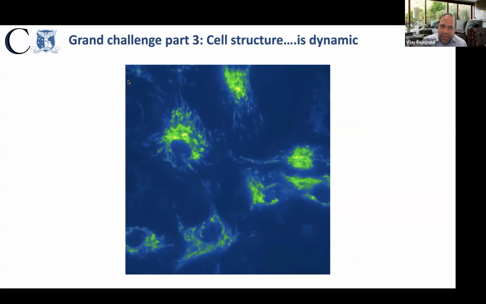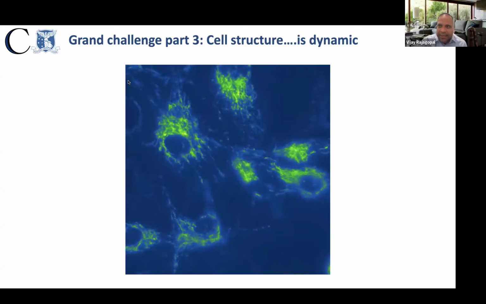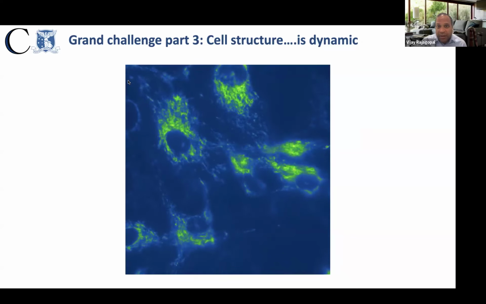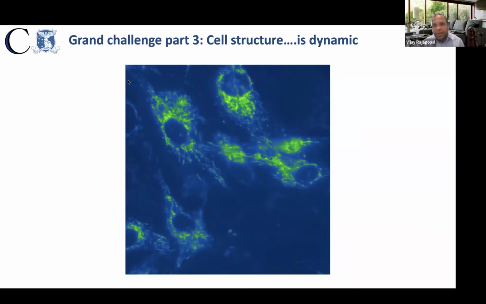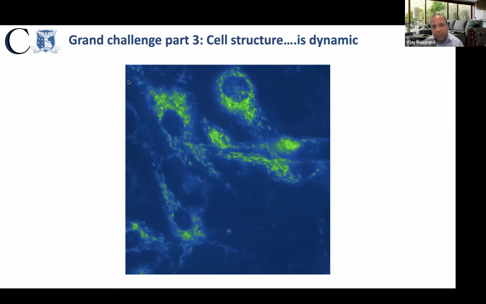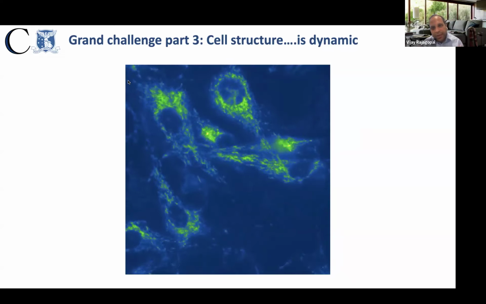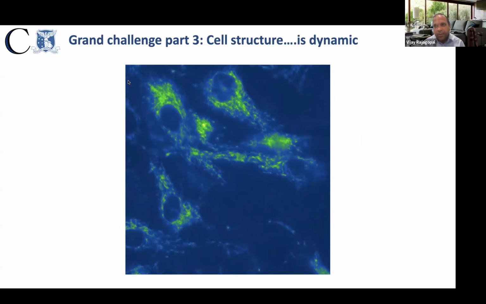The third kind of challenge that I'll talk about today is that cell structure is not static. It moves, it changes, it remodels. Here, what you're seeing is a data set collected from my colleague Senthil Arumugam here at Monash. He's a group lead here who does really advanced microscopy.